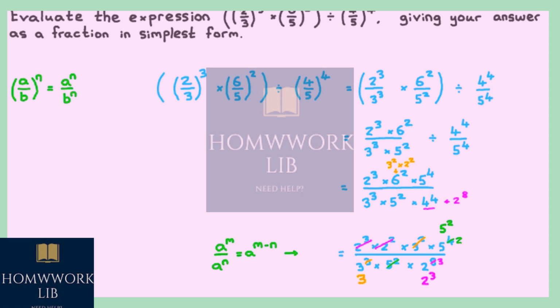Finally, we can cancel a shared factor of 5 squared in the numerator and denominator to be left with a factor of 5 squared in the numerator. We can then evaluate the numerator and denominator to get 25 over 24. We cannot simplify the fraction any further, so this is our final answer.